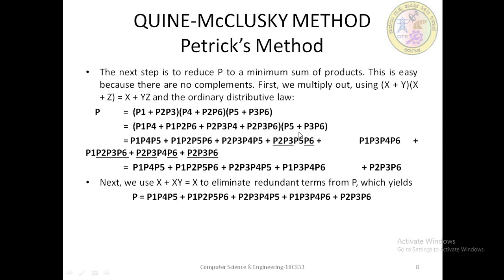Let's take these two as an example: P2, P3, P6 and P2, P3, P6. If we take these two terms out, it will be P2, P3, P6 times 1 plus P5. What is 1 plus P5? If you remember Boolean algebra, 1 plus x is always equal to 1. That means these two reduce into a single term. Got it? So this is one term done.